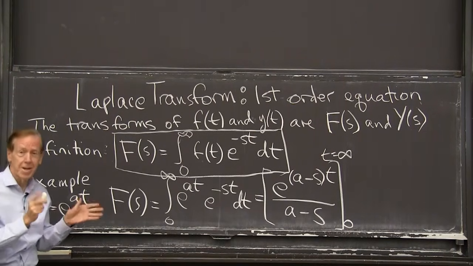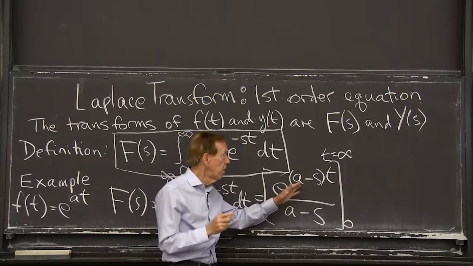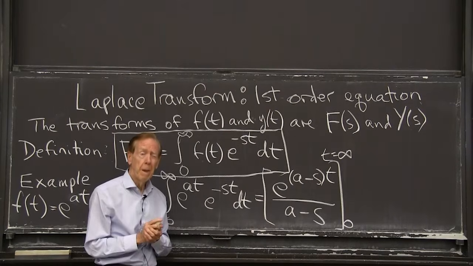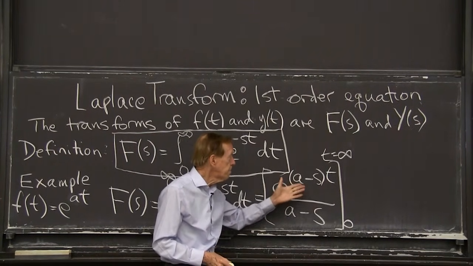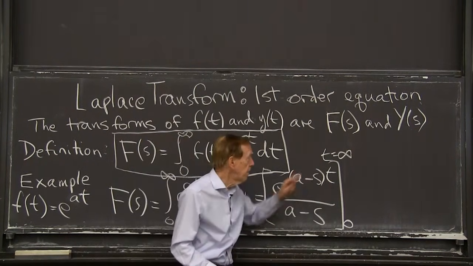Infinity is the nice one. It's the easy one. I will look only at s's that are bigger than a. S larger than a means that this exponential is decreasing to 0. It gets to 0 at t equal infinity.